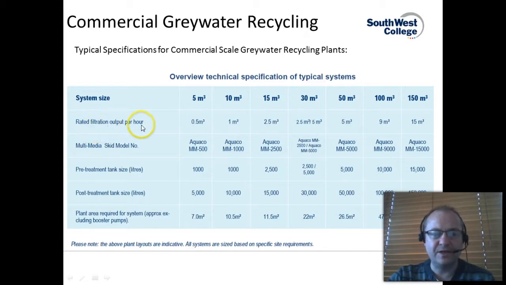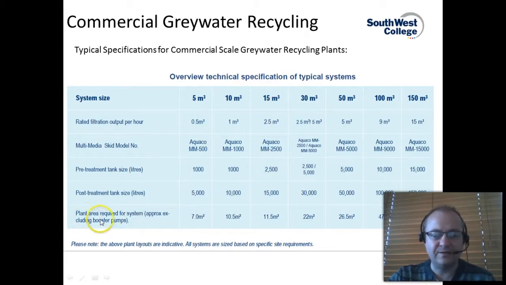The rated filtration output per hour gives you the output in meters cubed. Also an indication here of the pre-treatment tank sizes and the post-treatment tank sizes. That's your storage volume, ranging from about 5,000 litres up to 150,000 litres for the greywater recycling systems from this particular company.